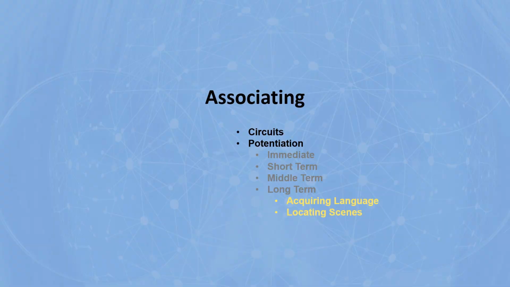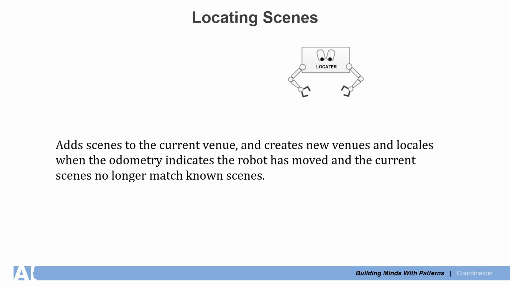Locating scenes. In the prior video entitled Genesis, we introduced a scene agent which created scenes. The locator agent adds scenes to the current venue and creates new venues and locales when the odometry indicates the robot has moved and the current scene no longer matches known scenes.